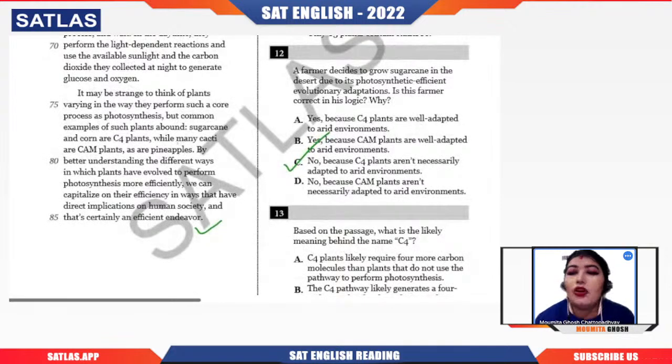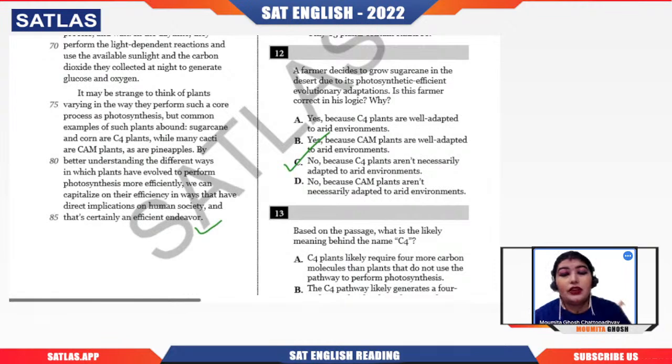So the question being asked is that a farmer decides to grow sugarcane in the desert due to its photosynthetic efficient evolutionary adaptations. Is this farmer correct in his logic? Why? So the farmer is not correct in his logic, because you might know that sugarcane never grows in a desert region.